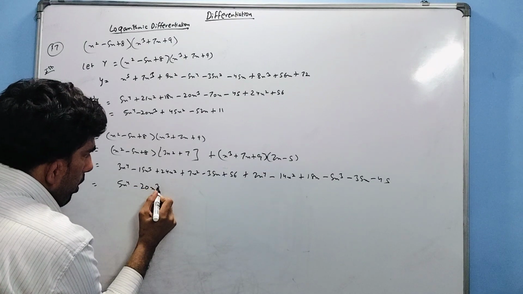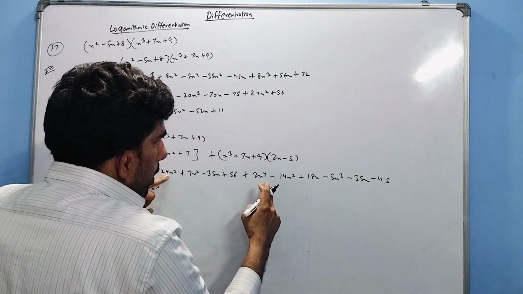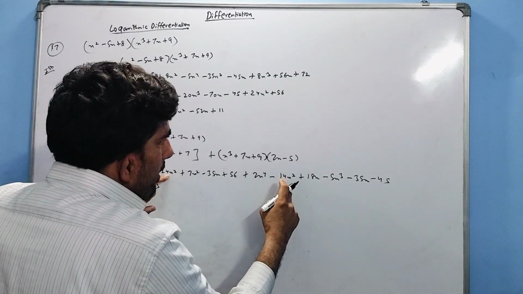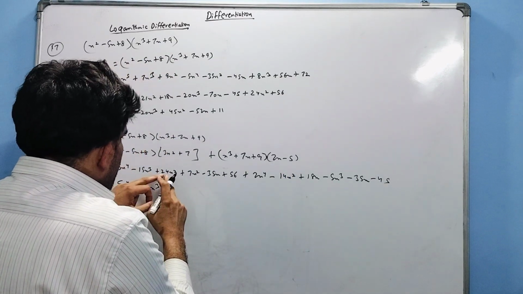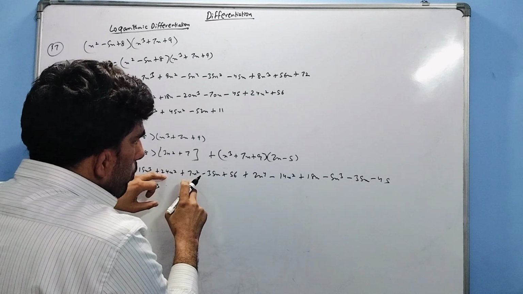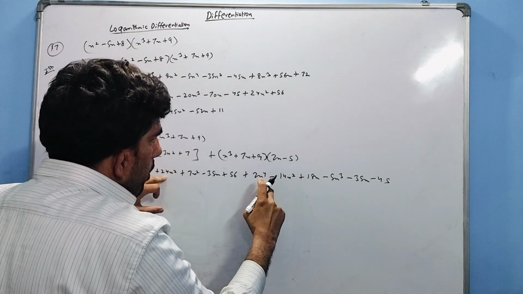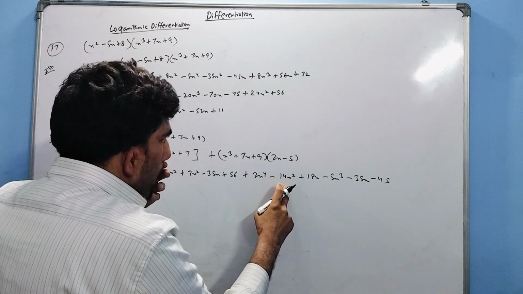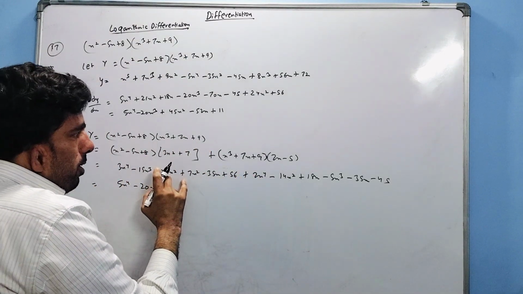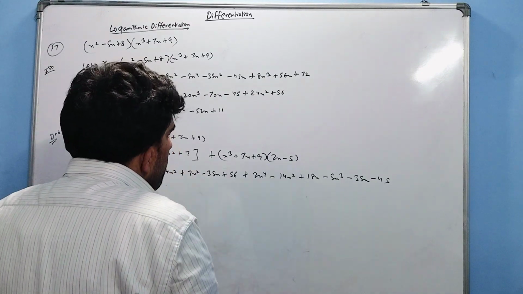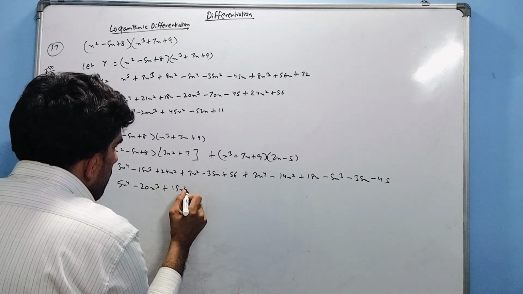Next, the x square terms: 24 plus 7 is 31, 31 minus 14 is 17.